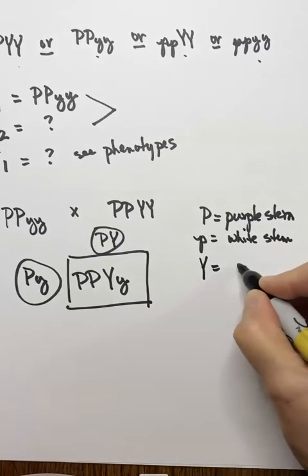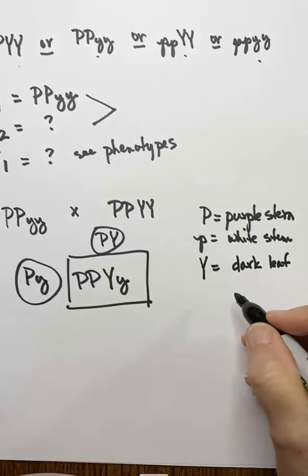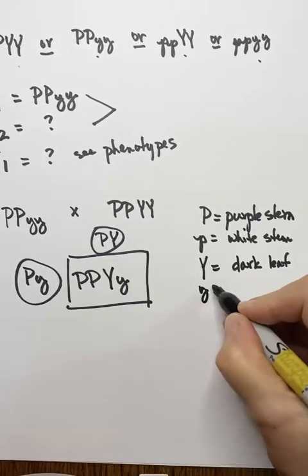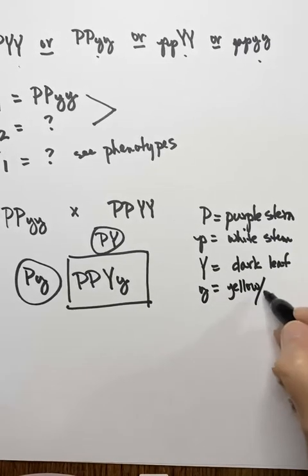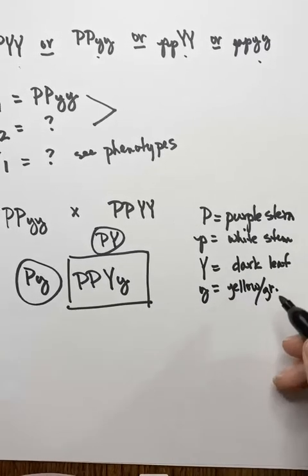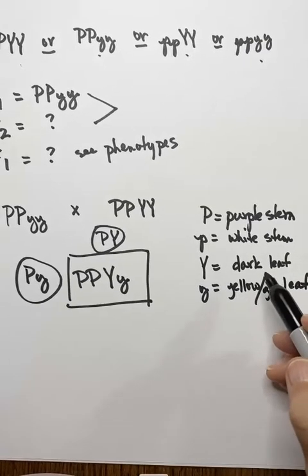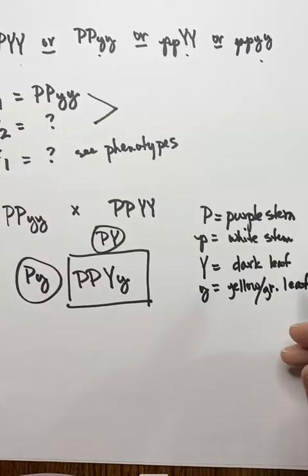Capital Y is a dark colored leaf, and that can be either purple or green, dark green. And little y is going to be yellow, a yellow-green leaf. Okay, I'm giving you this. I'm also telling you parental one is that genotype, so that should help you.